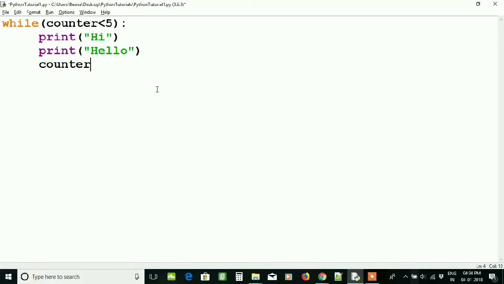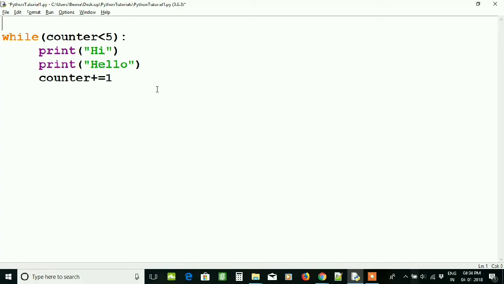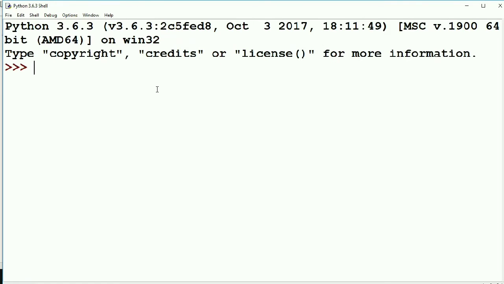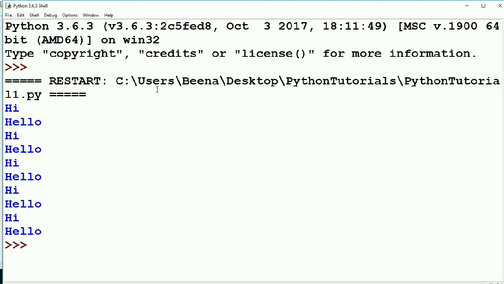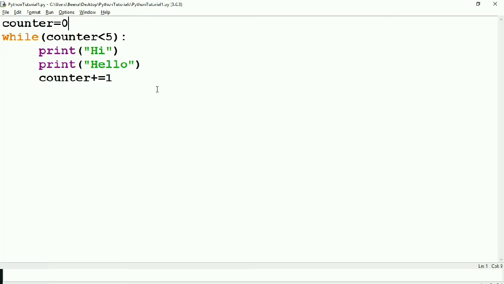Counter plus equal to 1. We can't write counter plus plus. We need to write counter plus equal to 1 in Python, unlike other languages. Counter equal to 0. Okay. F5. Hi hello 5 times.